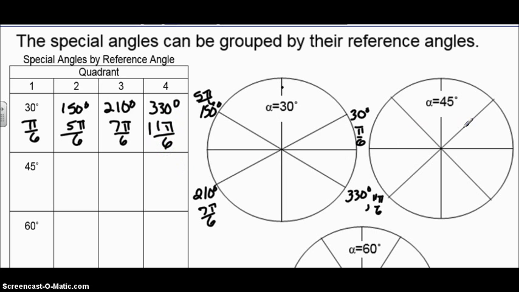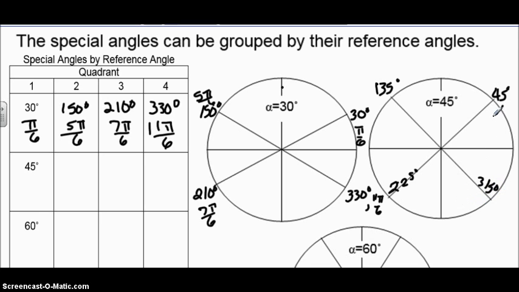For 45 degrees, here was 45, then 90, then it was 135, 180, and here we had 180 plus 45 more, which was 225, and then 270, and then 45 more would be 315 degrees.